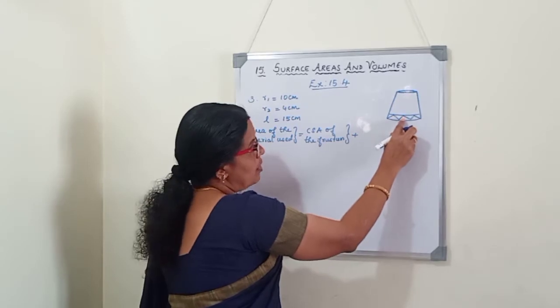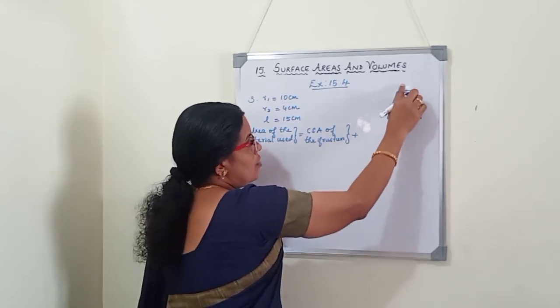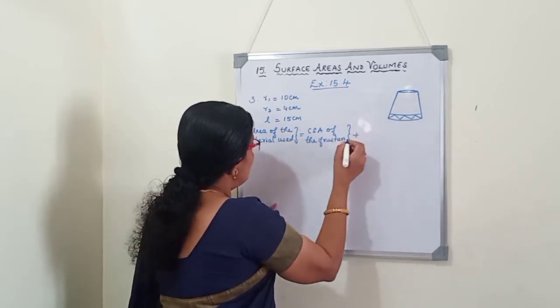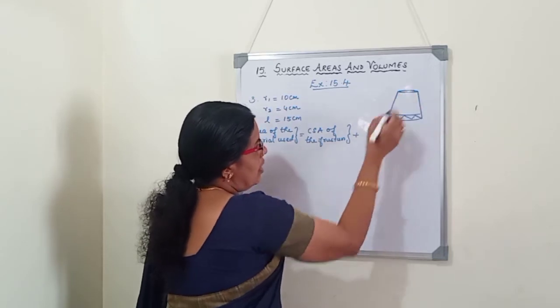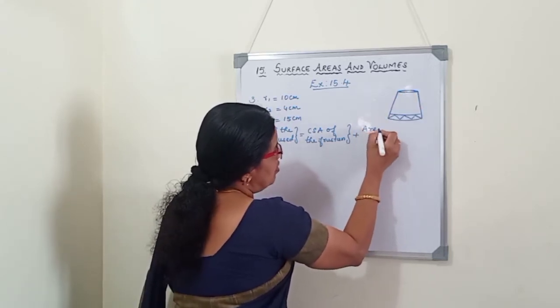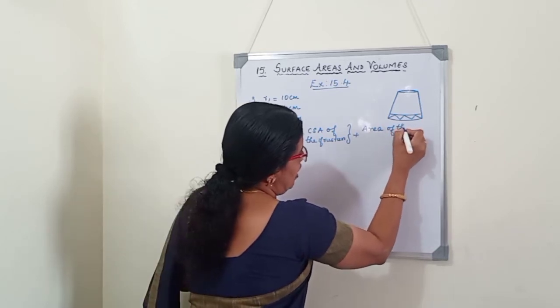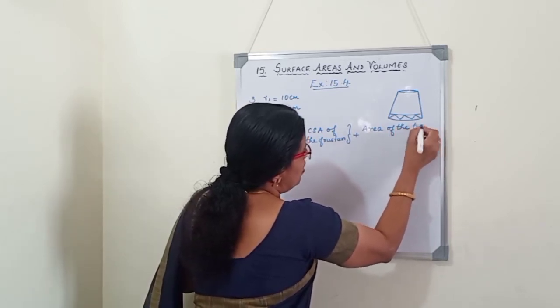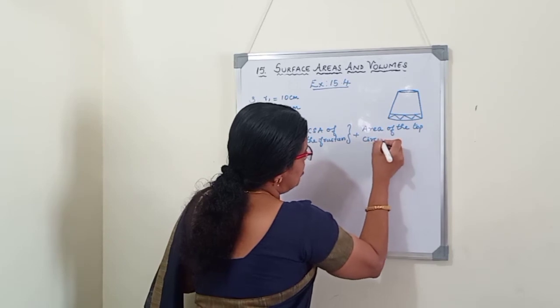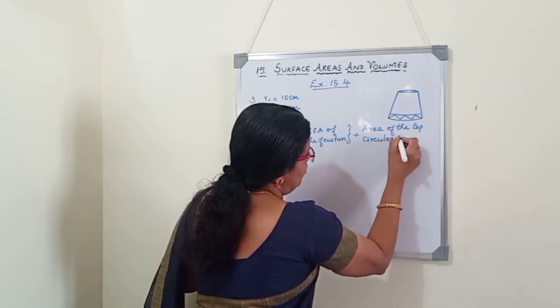Because this part is open, there we cannot find the area. So this side is covered. So material is used here. Area of the top circular surface.